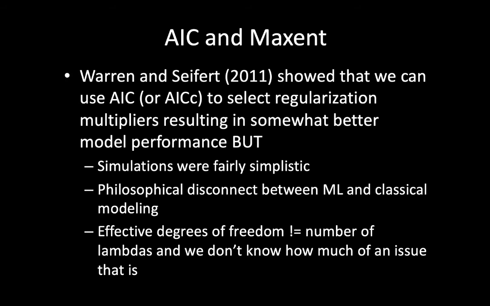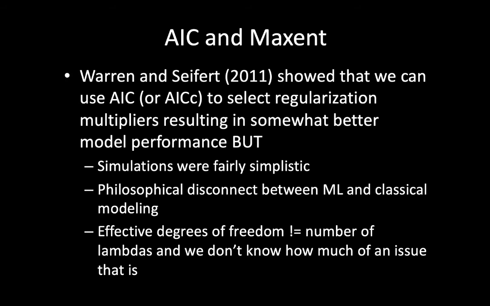Because of the use of the lasso, the number of non-zero lambdas is not the degrees of freedom. There's a thing called the effective degrees of freedom in a Maxent model, which is often significantly less than when you're just counting the number of parameters.